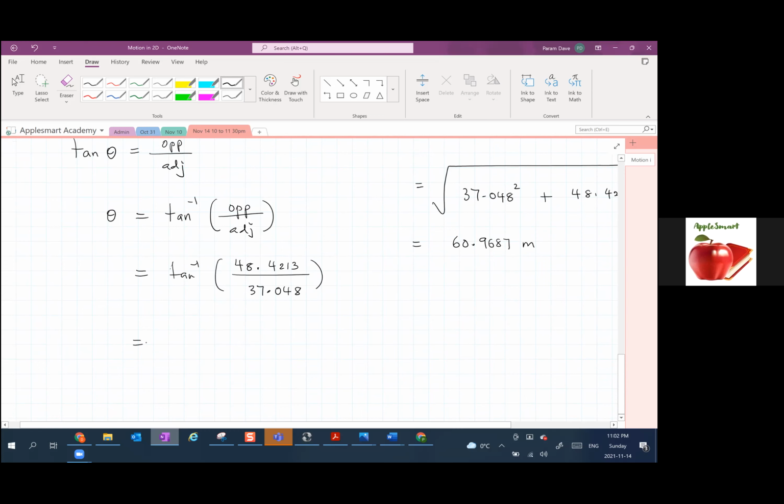I have shift, and then you press the tan. So shift or function and then press tan. You will see tan inverse on your calculator screens, and open a bracket and then punch in those numbers, 48.4213. Divide that by the other number. And then close the bracket, enter. And somebody tell me what value they're getting.